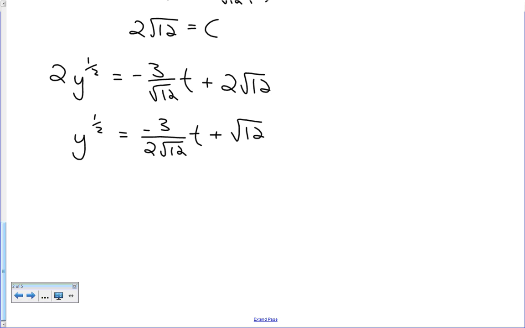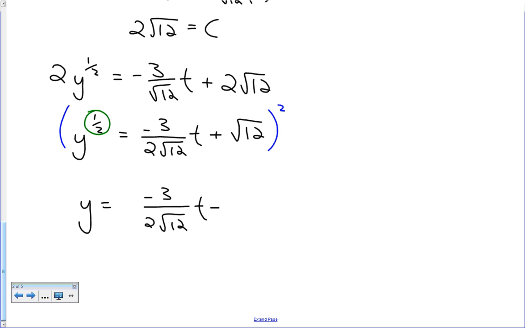Remember, we're raising both sides to the reciprocal of this exponent, that's 2 over 1, or the second power. When I multiply those exponents, I get 1, which is what I'm looking for. So we end up with y is equal to negative 3 over 2 square roots of 12 times t plus the square root of 12, quantity squared.